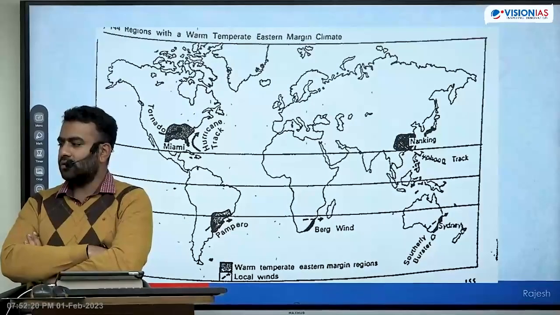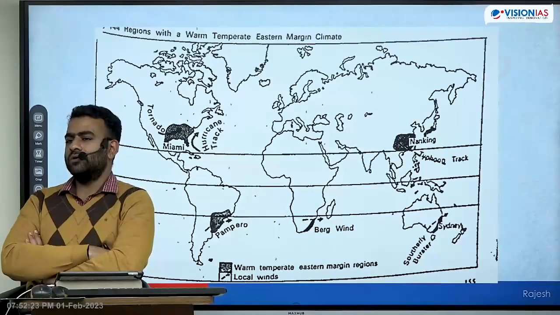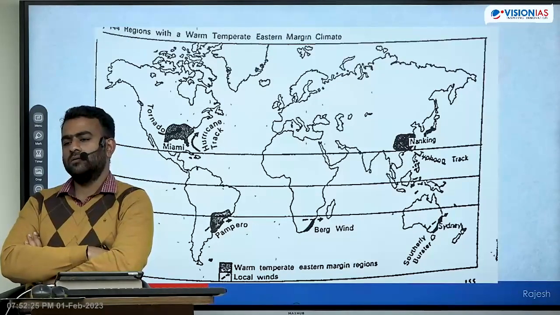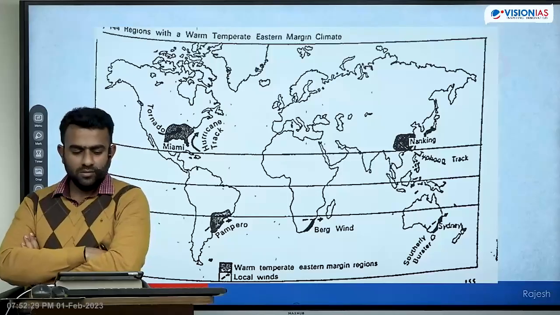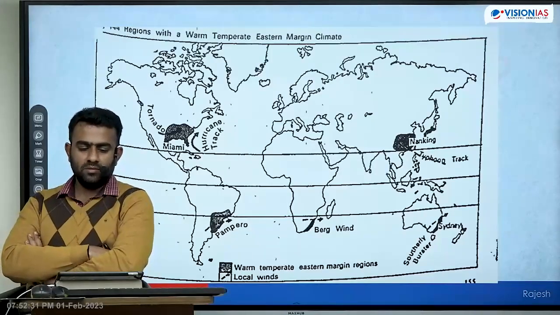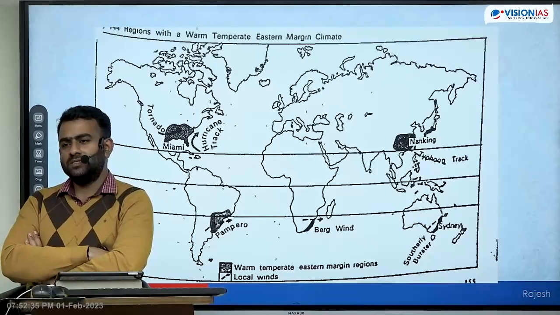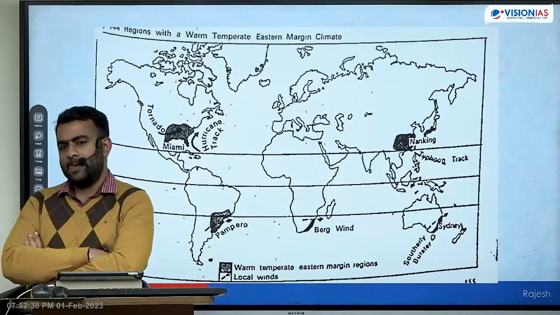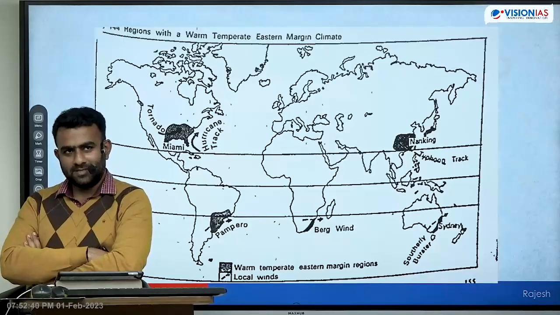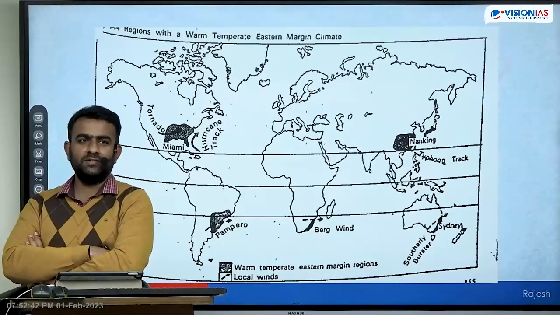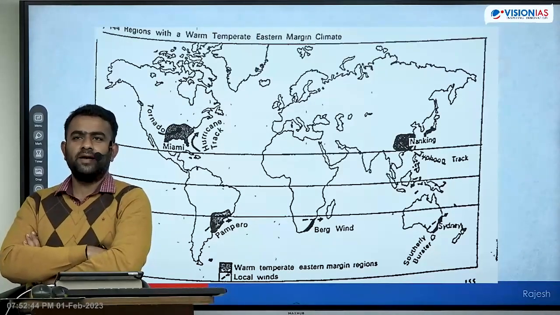The summers are not too hot and winters are not too cold. Vegetation is dense and luxurious. Yes, it is called luxurious growth of vegetation. Dense and luxurious.